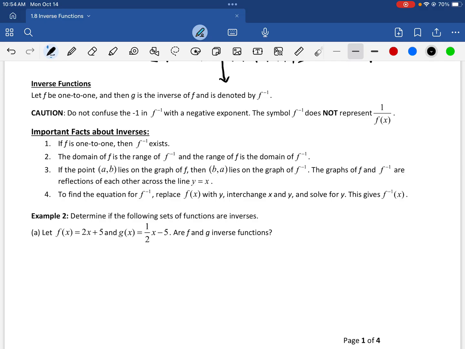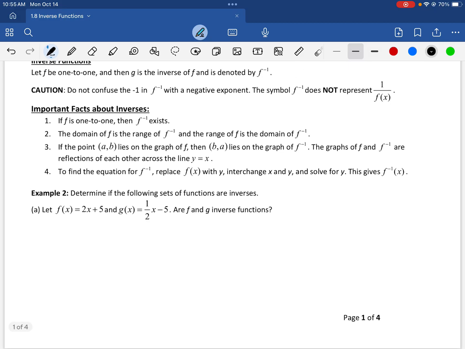And then it says to find the equation for the inverse, replace f of x with y, interchange x and y, and solve for y. This gives you the inverse of that function. So how do we determine if two functions are inverses of one another, like we have in example 2? We do that by doing the composition.